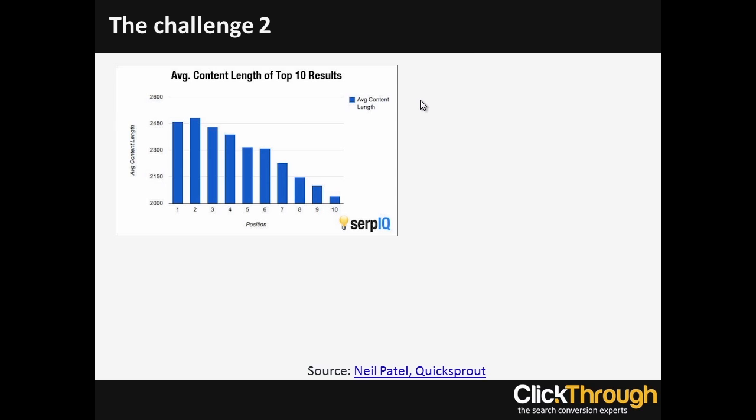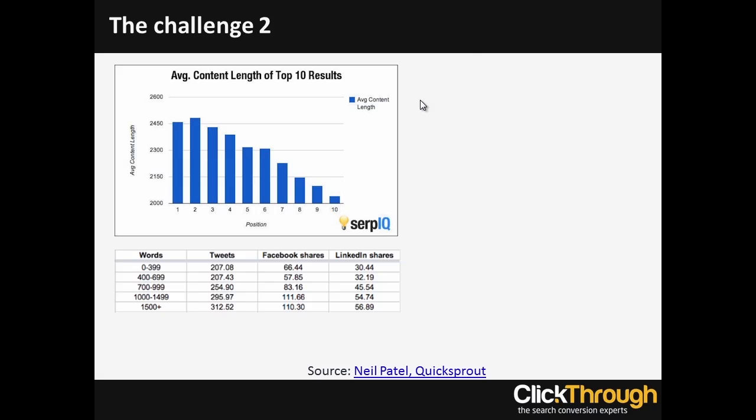But if you look at this analysis, it's a great post, this actually, from Neil Patel on ClickThrough. Worth downloading the deck later to have a look at this. You'll see that longer posts not only get better positions, but they get more shares through social media. So it's a real win-win there.